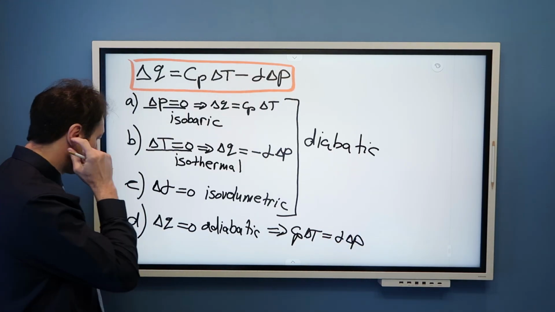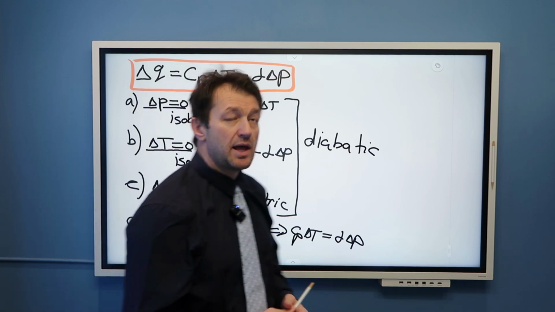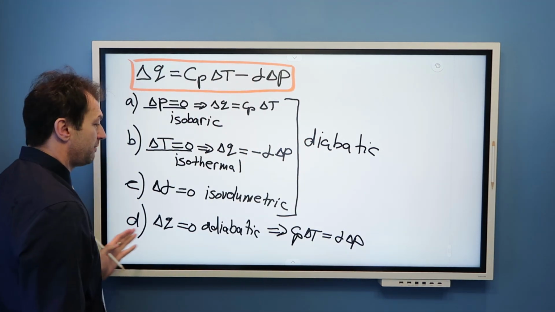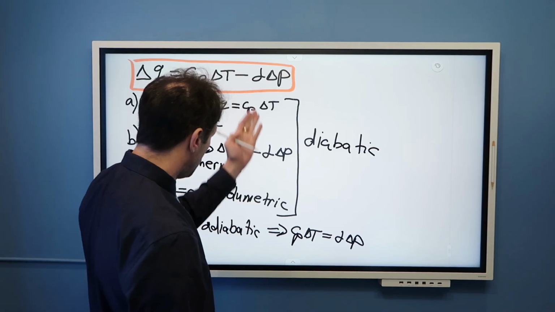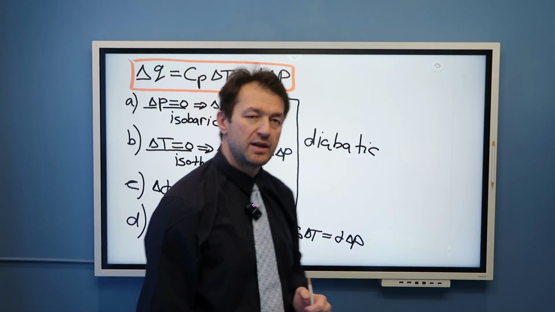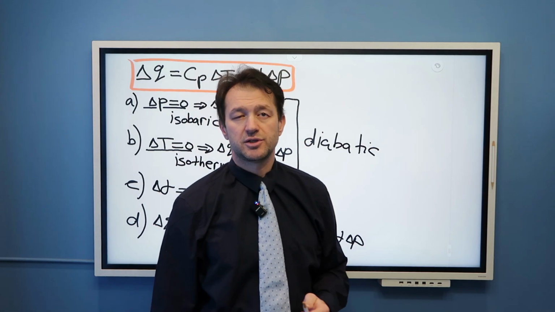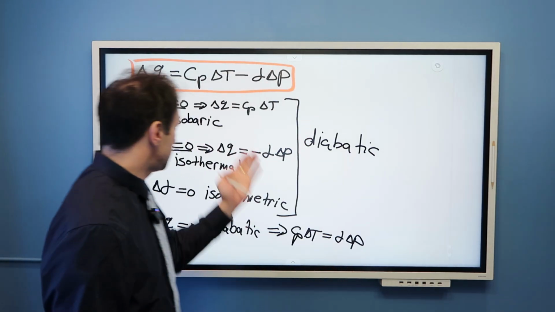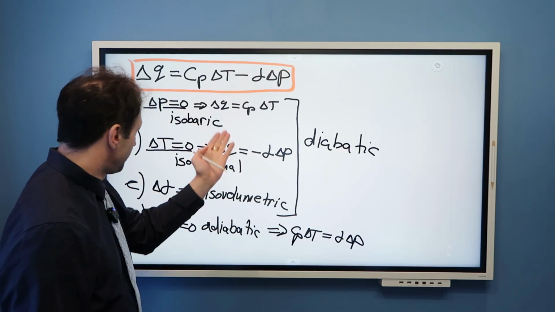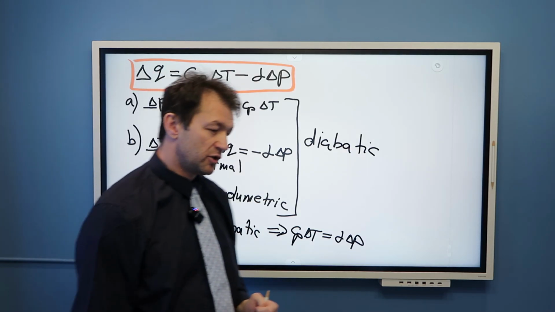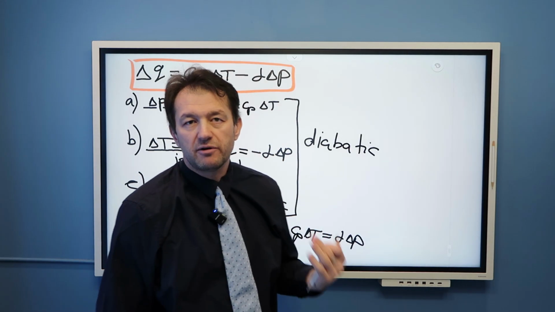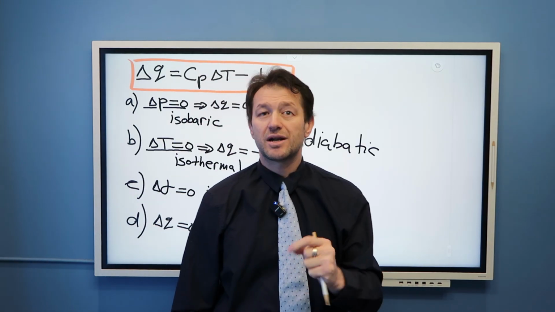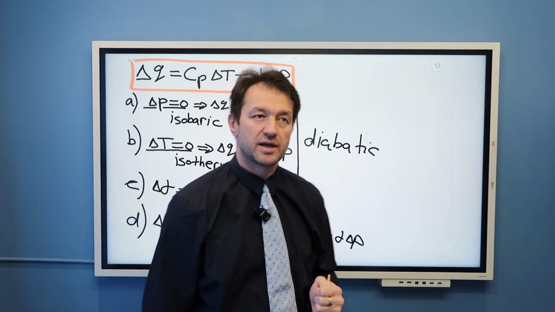And this is adiabatic. Now lastly, I gave you so many examples of many processes. Of all these processes, can I cook up any example of an adiabatic process? The answer is yes. There is no perfect adiabatic process, just as there was no perfect isobaric, isothermal, and isovolumetric process. But there are processes that are very nearly adiabatic.